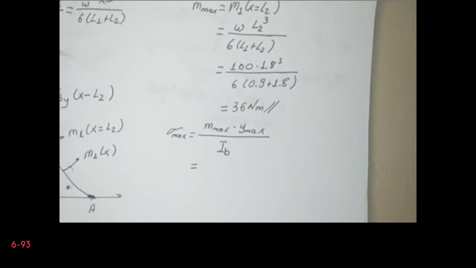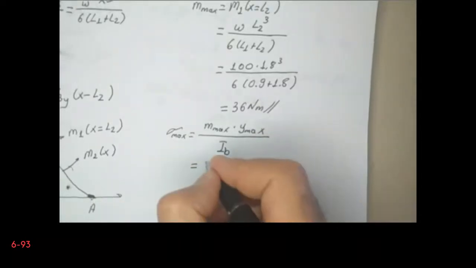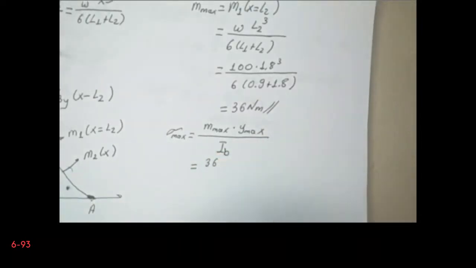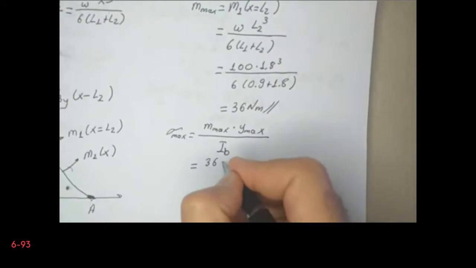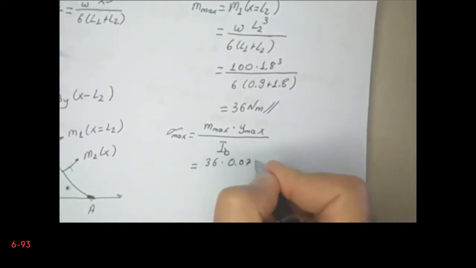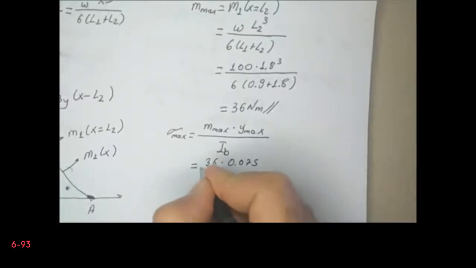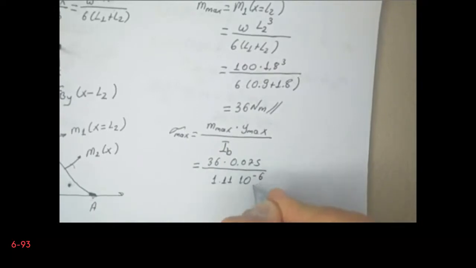So M max is 36, Y max is 0.075, and the bending moment of inertia is 1.11 times 10 to the power minus 6.